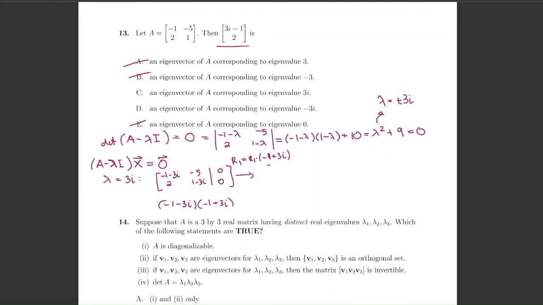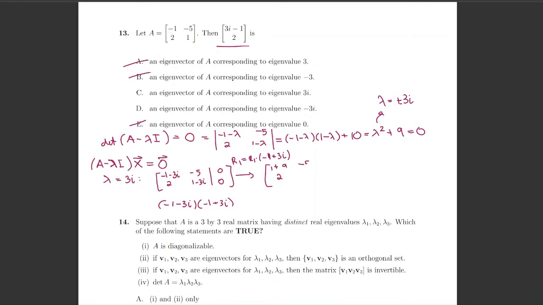So we have 1, -3i plus 3i is 0, so plus 10. Okay, -3i times 3i is going to be plus 9.